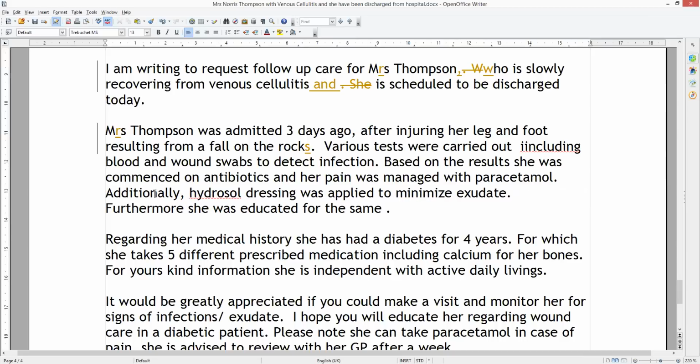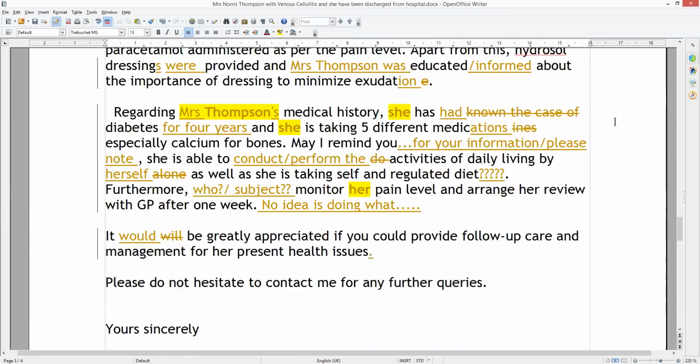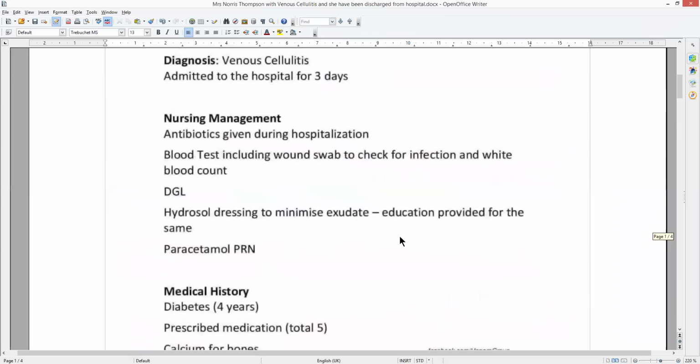Now it's either a hydrosol, okay, was applied to minimize exudation. And she was informed or told, educated, and she was informed about the need to keep it clean, dry. What's it say in the case notes?